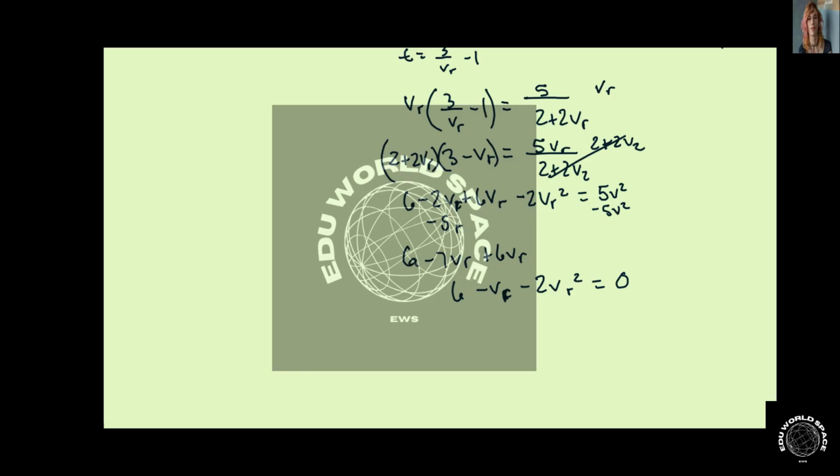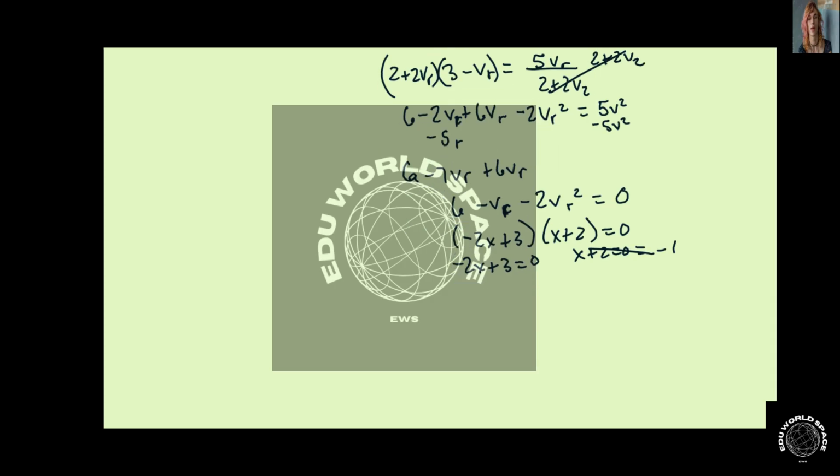All right, and this will factor into negative 2x plus 3 times x plus 2. So we either have negative 2x plus 3 equals 0 or x plus 2 equals 0, which gives us negative 2, which is not applicable in this situation.